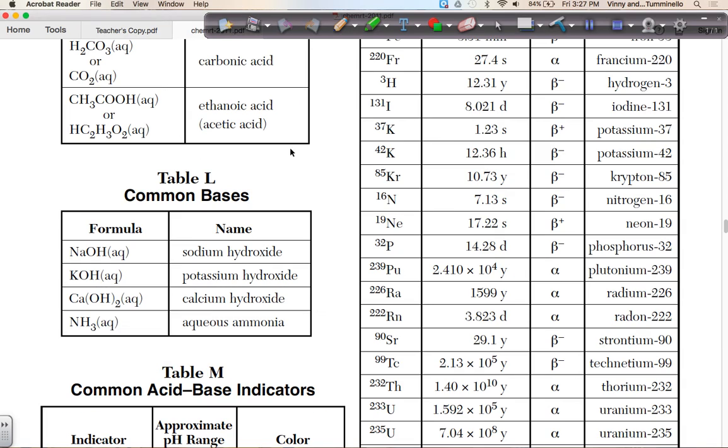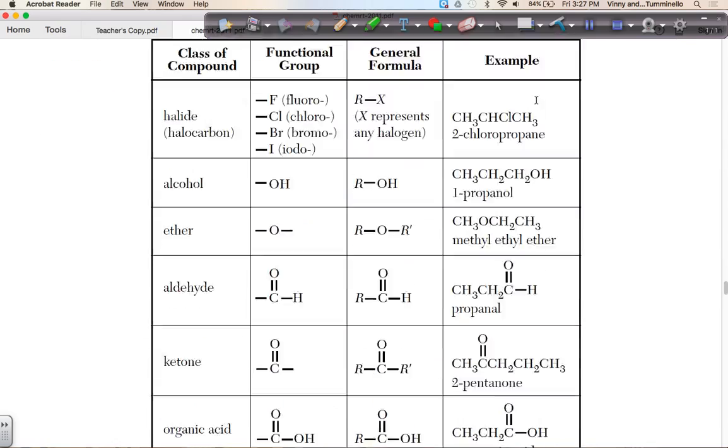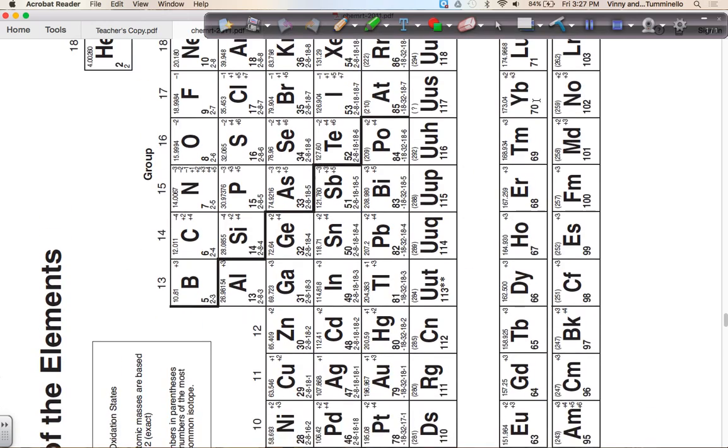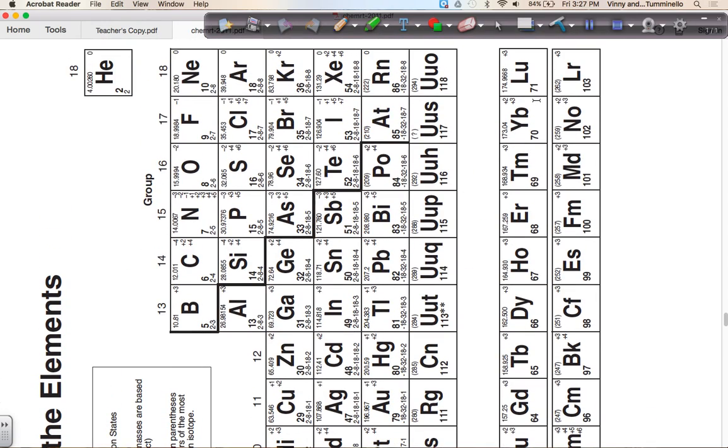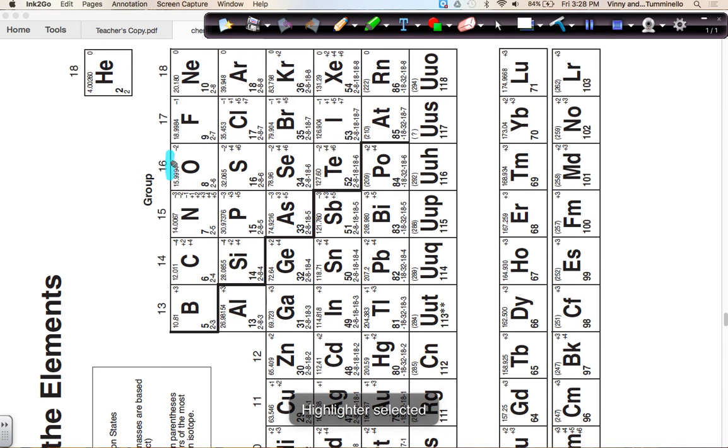If we look at the periodic table, and I know this is sideways, notice oxygen is at the top, then S, then Se, then Te.